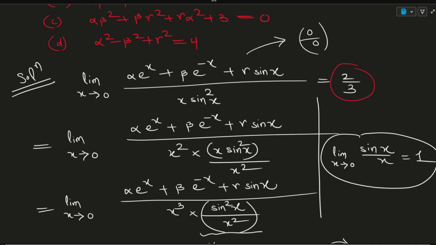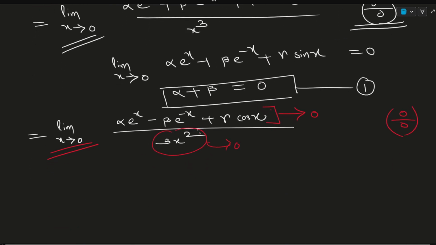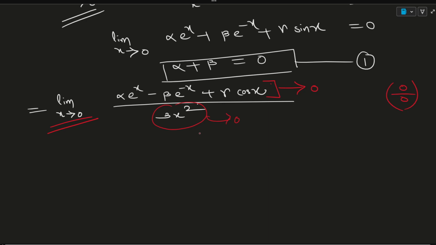So one thing is very clear, that the limit of this function is going to exist, and for the existence of this function, it has to reduce to the 0 by 0 form. The denominator is in 0 form already, so the numerator will convert to the 0 form.